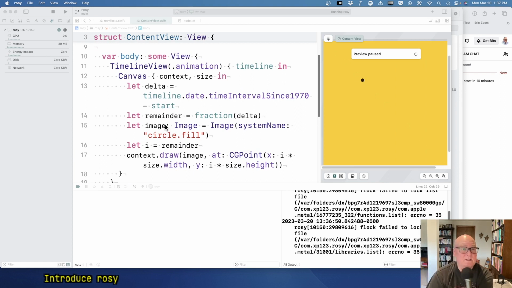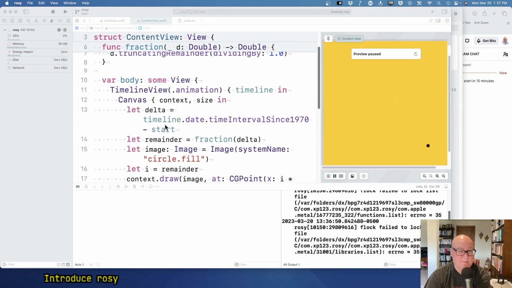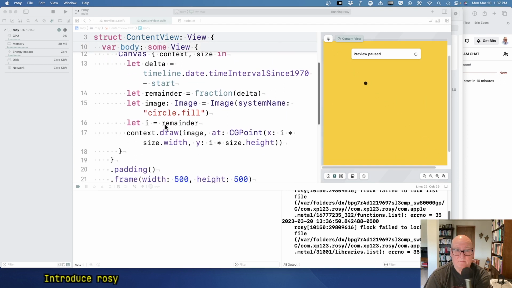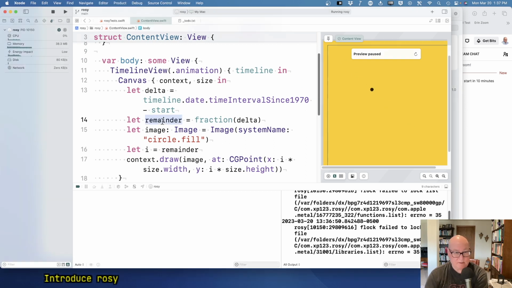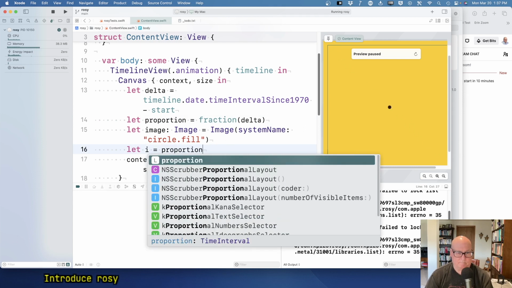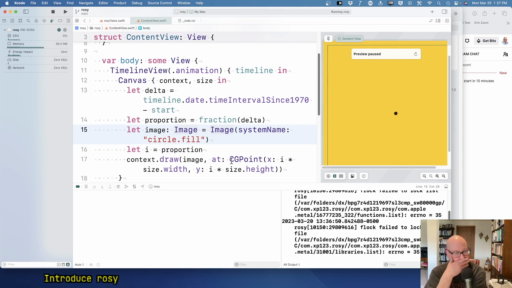Alrighty. So now let's start applying our circularity kind of thing. Okay, so I got remainder is fraction of delta. Let's call that proportion. Okay, and what I want proportion to be is the angle on that thing.